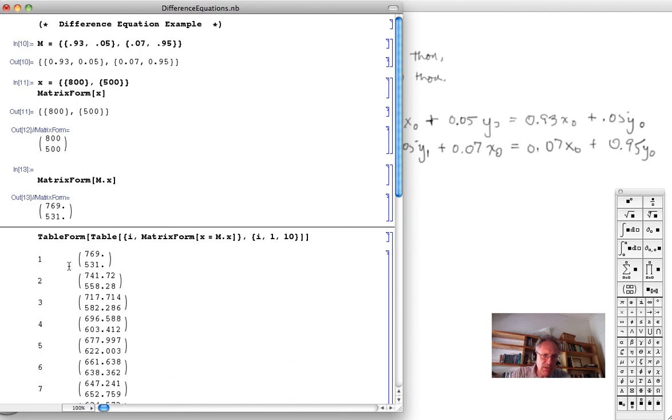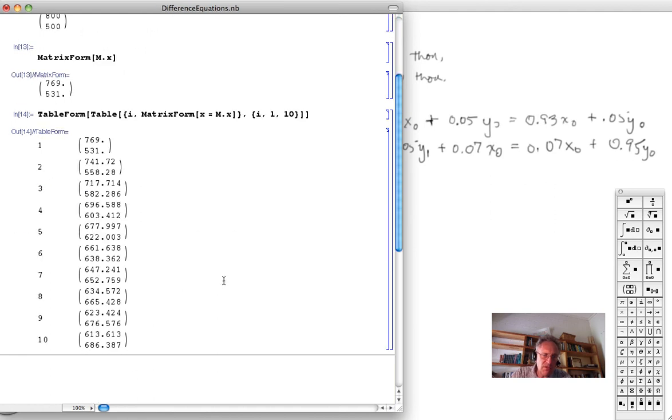Year number 1 is 2011, year 2 is 2012, and so forth. By the time we get to 2013, 14, 15, 16, and so forth, to 2020, for example, you'll notice that the urban population is settling down toward about 613, and the suburban 686.